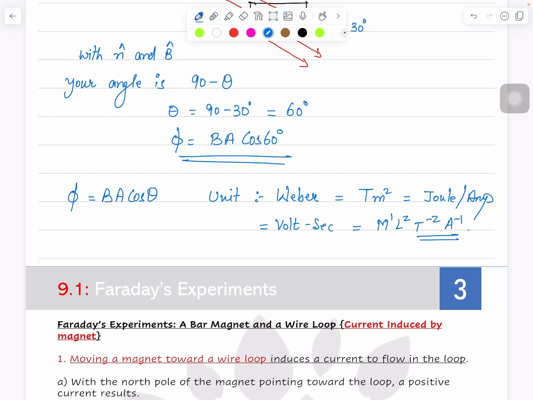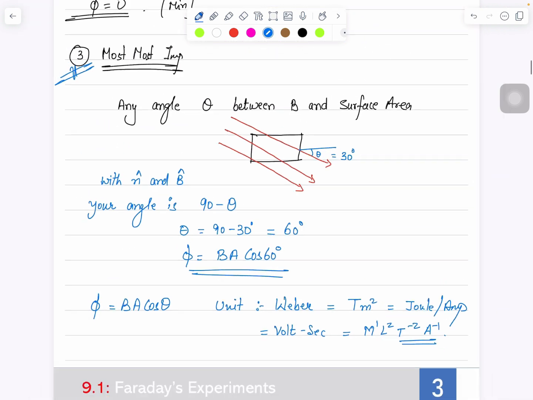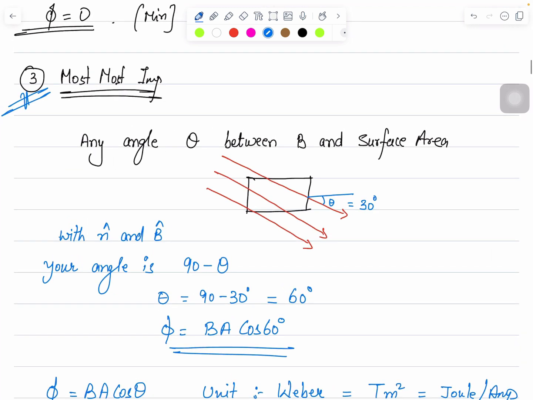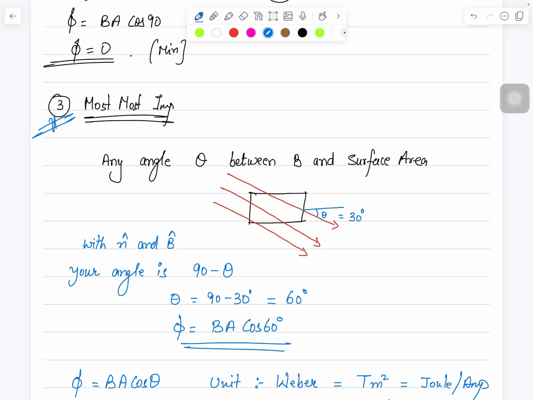Clear, guys? Till here, I thought you will understand what is the concept of magnetic flux and how you need to solve them. Clear? Okay.